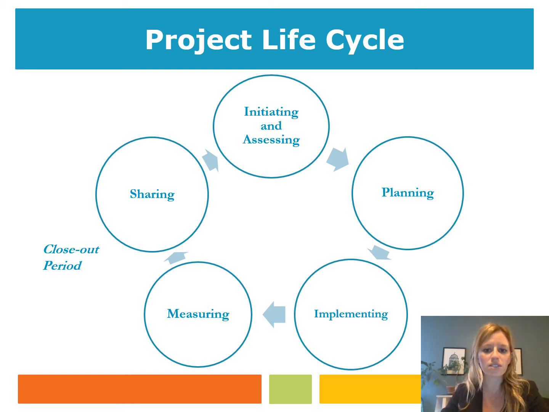So the first stage in the life cycle is the initiating and assessing stage. So this is really where, if you have experience with this, you would conduct a needs assessment. So you would look at your community and assess where the gaps are for where we want to go.